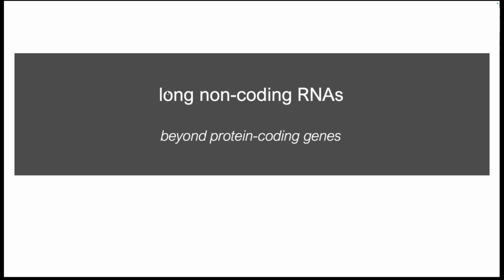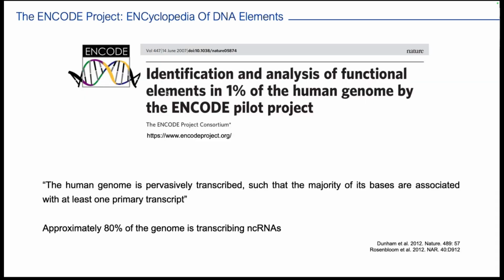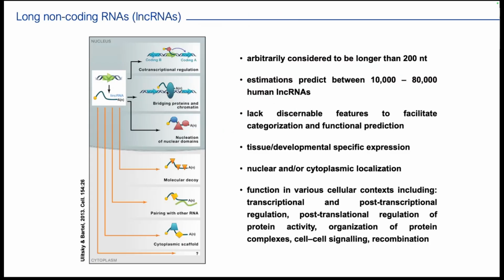And just to finish, also a quick word about long non-coding RNAs. So we know that only 2% of the human genome encodes for protein coding genes. But the truth is that most of the genome is transcribed. 80% of our genome is continuously being transcribed. And a lot of these RNAs are what is called long non-coding RNAs.